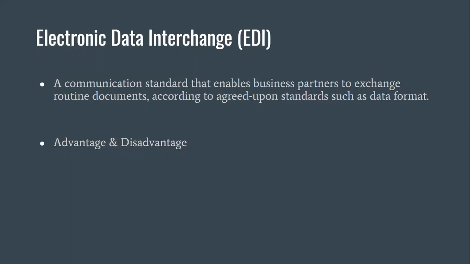Electronic data interchange. EDI is a communication standard that enables business partners to exchange routine documents according to agreed-upon standards such as data format, then it transmits messages over the internet using a converter called a translator. EDI minimizes data entry errors because each entry is checked by the computer.